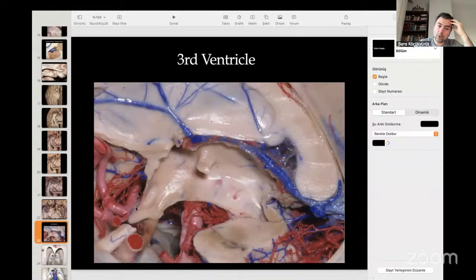Above the optic chiasm, there is a thin neural membrane, practically with no function. It's called the lamina terminalis, which we open in many cases in ACOM aneurysms. But superior to it, there is the anterior commissure, another commissural fiber, just like the corpus callosum.